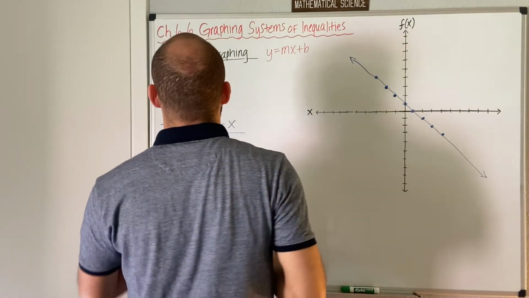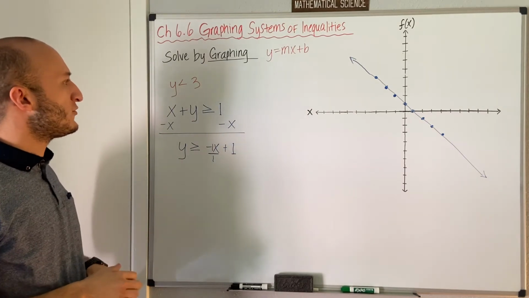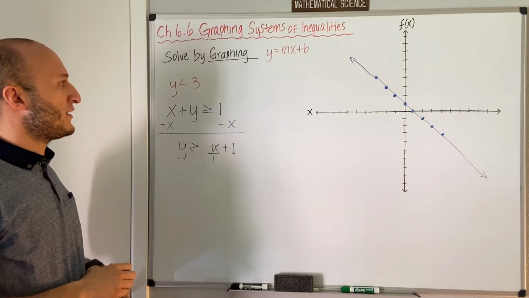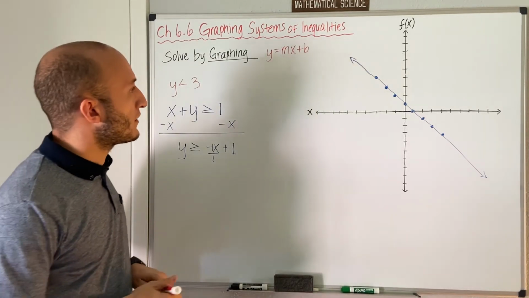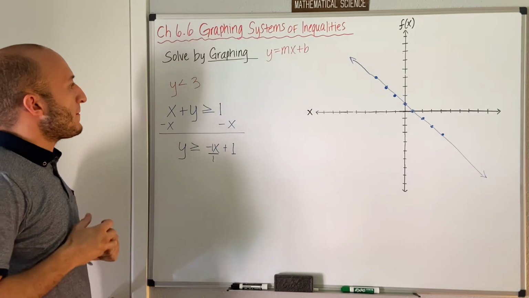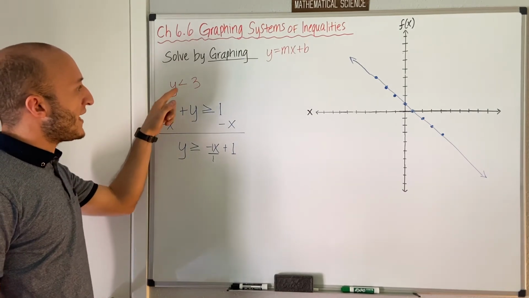And I have to see, how do I graph y equals 3? When I graph that, that means it's crossing the y-axis at 3.